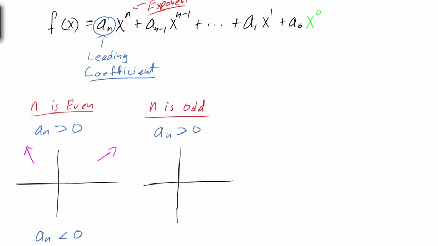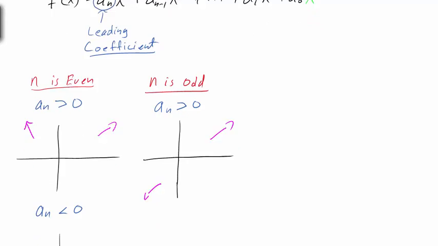Well, because the exponent is odd, your graph now is going to be down to the left and pointing up to the right. So if you notice, if your exponent is even, the endpoints of the graph are going to be pointing in the same direction, either both up or both down. If your exponent is odd, your graph is going to be pointing in opposite directions. So in this case, because the leading coefficient is positive, it's going to point down left and up right.